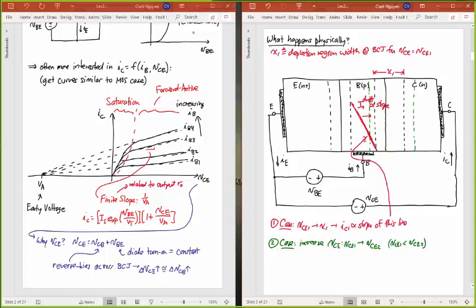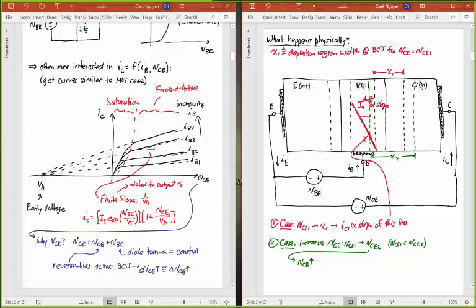Okay, this basically means that the reverse bias across the collector base, I've just increased. And so if I do that, now my collector base width is going to be wider, right? Because I just increased the voltage across the collector base junction. That increases the depletion width in the collector. It also increases the depletion width in the base.